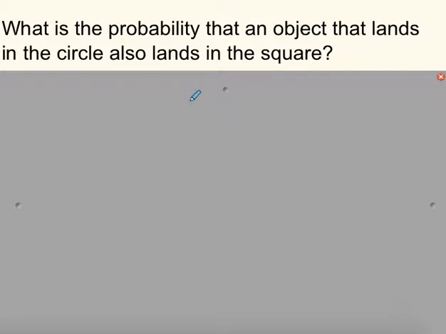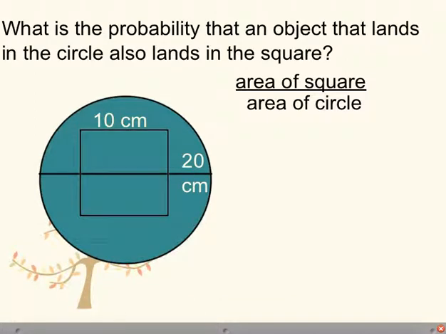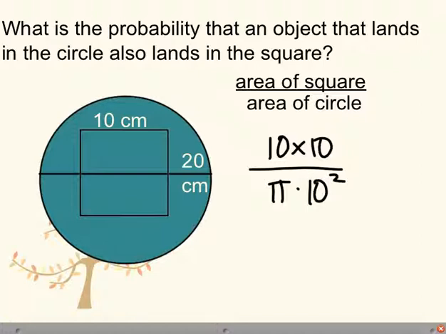What's the probability that an object that lands in the circle also lands in the square? If this square is what I'm trying to get to, what's the area of that compared to the whole area of the circle? We are saying that the square is a 10 by 10, so that would be the area, 10 by 10, over the area of the circle, which it looks like the diameter is 20, so I have pi times 10 squared.